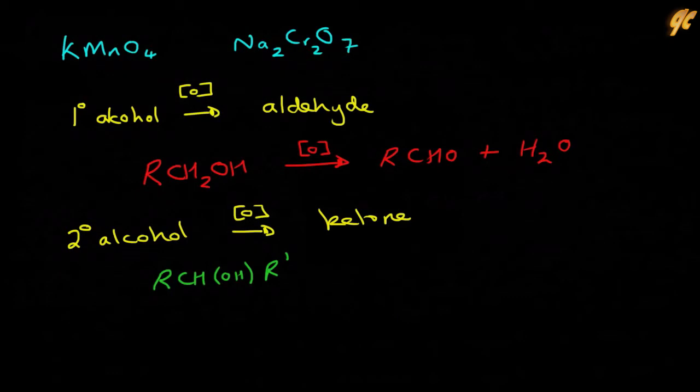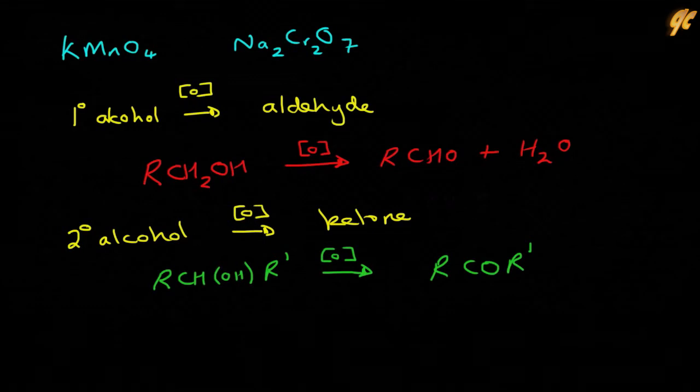That would make it a tertiary. This in the presence of an oxidizing agent, once again O in square brackets, would go to make RCOR'. Now, in this molecule, if I draw this out a little bit better, it means it's R-C, double bond to the oxygen, then the other alkyl group. This also, in the reaction, produces H2O.